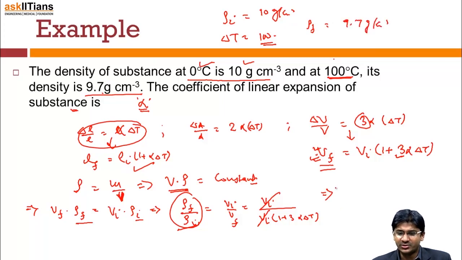Let's put the values and we will get the answer. So rho f by rho i is 9.7 by 10, which equals 1 plus 3 alpha delta T. Solving this, 3 alpha delta T is 9.7 by 10 minus 1.